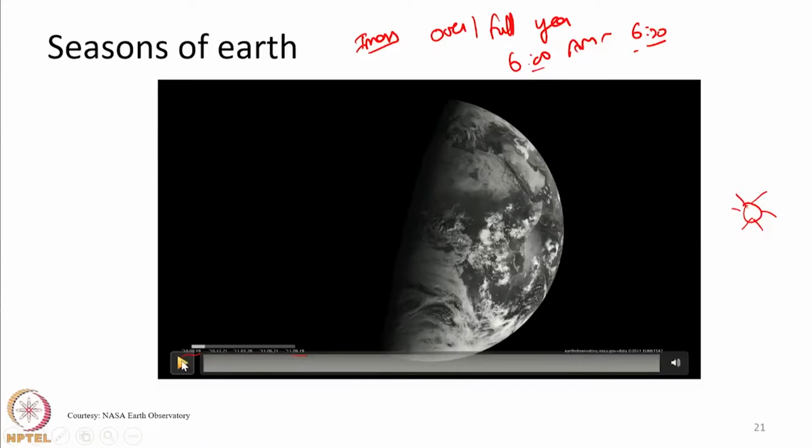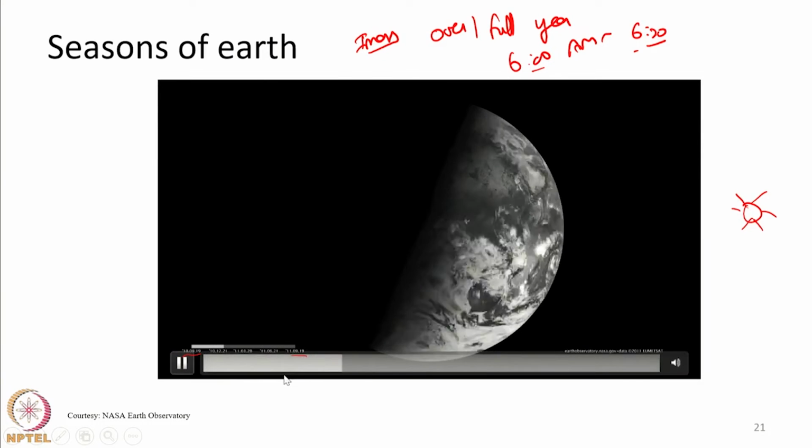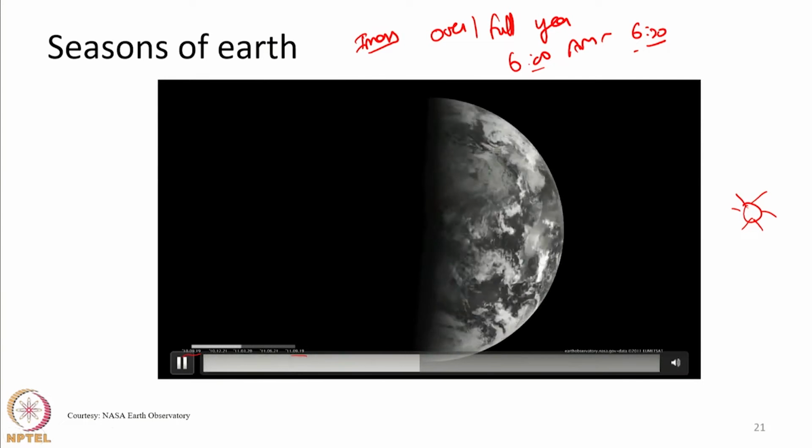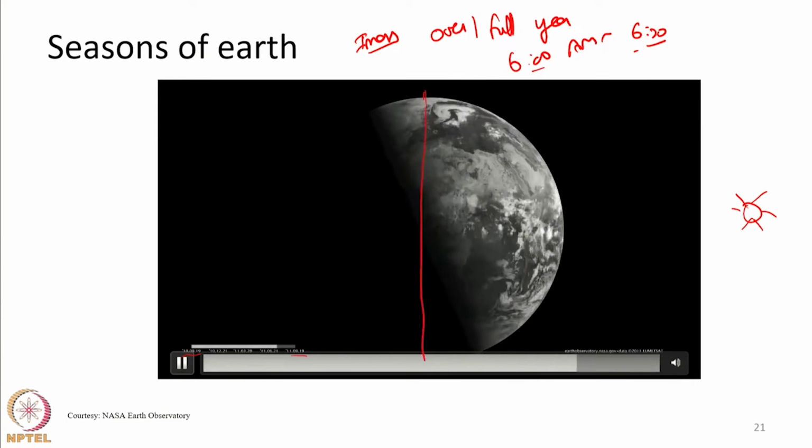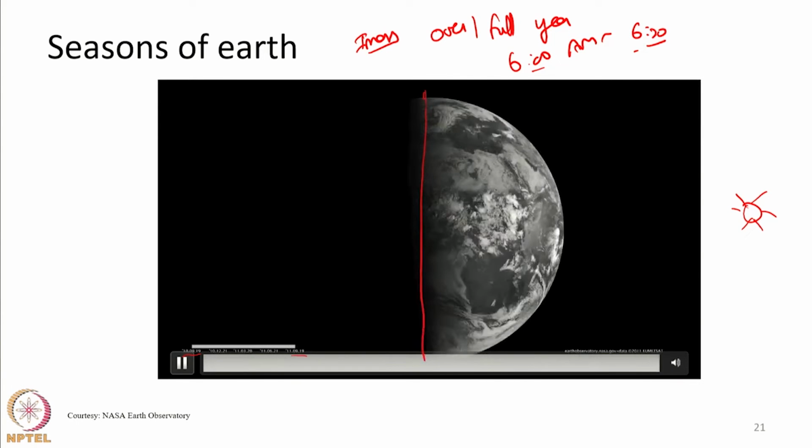When the video starts, the Earth's surface is standing somewhere here, let us say. Basically this position indicates the equinox, and we can map north, south, east, west.